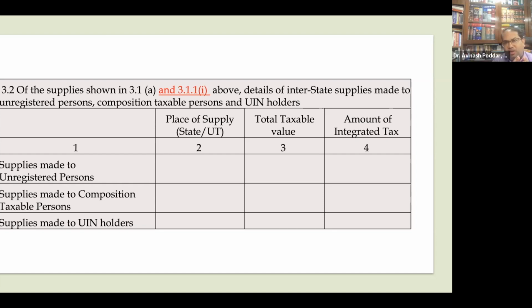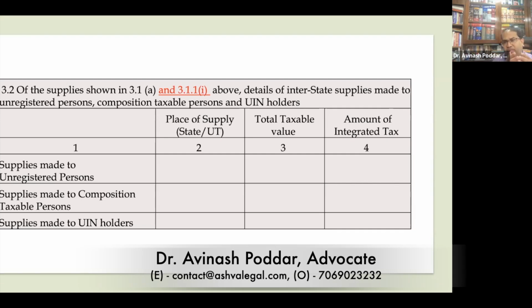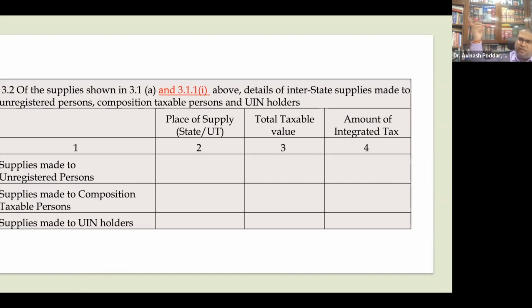And therefore इन लोगों के लिए, see when you are entering into a B2B transaction, registered vis-a-vis registered, so वहां पे तो place of supply आएगा invoice में and the other person का registration number आएगा and you will get the credit. But in these cases when you are making a supply to unregistered person, that unregistered person is certainly he is not registered, so he is not going to avail the credit.